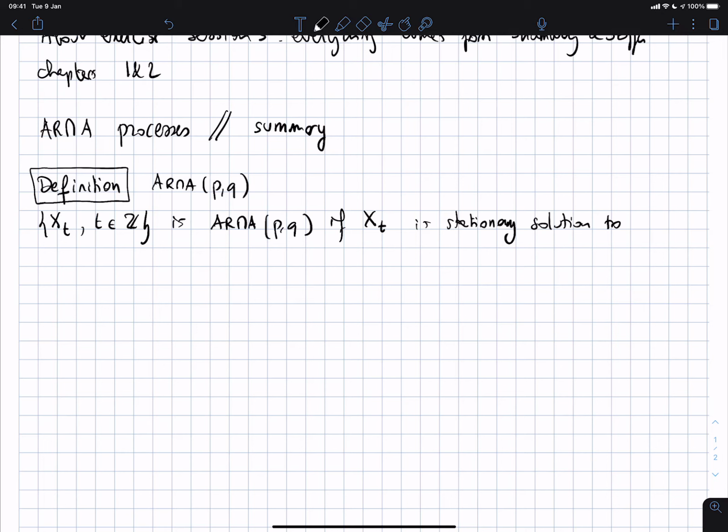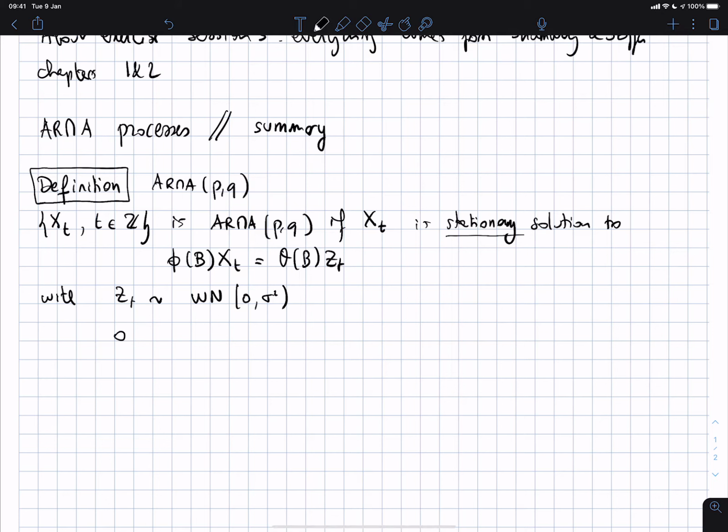X_t is a stationary solution to the ARMA equation, which I think I prefer writing like this: phi(B) X_t = theta(B) Z_t, where Z_t is a white noise sequence with mean 0 and variance sigma squared.